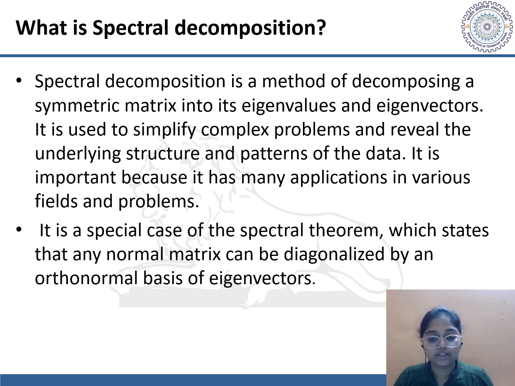It is a special case of the spectral theorem, which will come later in the slides, which states that any symmetric matrix can be diagonalized by an orthogonal basis of eigenvectors. Here, the spectral decomposition allows us to write any symmetric matrix as a product of three matrices, let's say U, D, and the transpose of U.